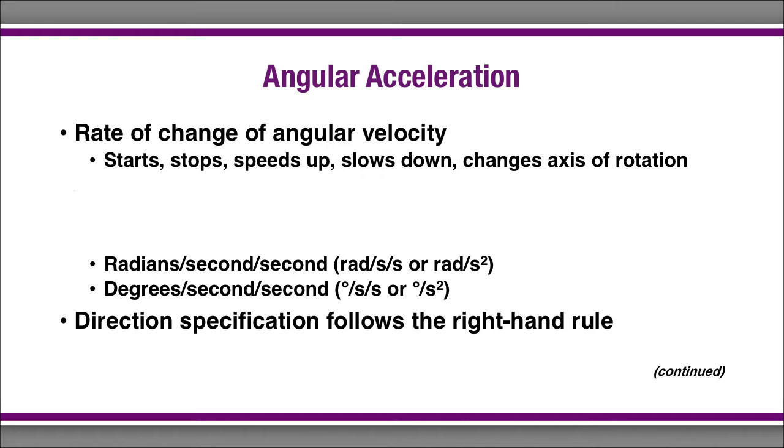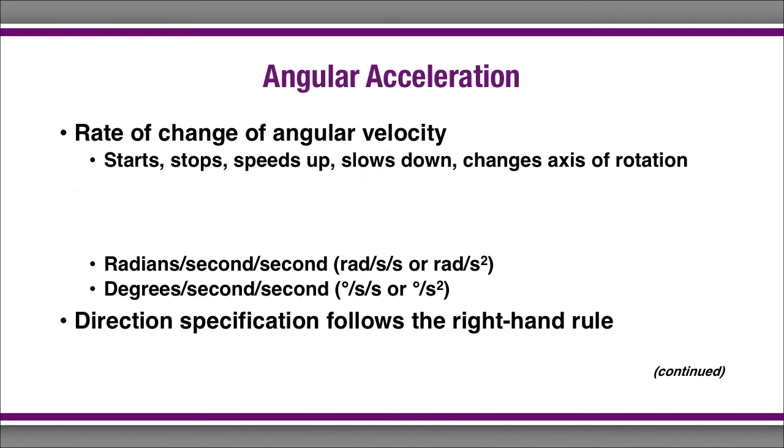So angular acceleration is defined as the rate of change of angular velocity, and this is representative of starts and stops, if something is speeding up, slowing down, or if there is a change in axis of rotation.